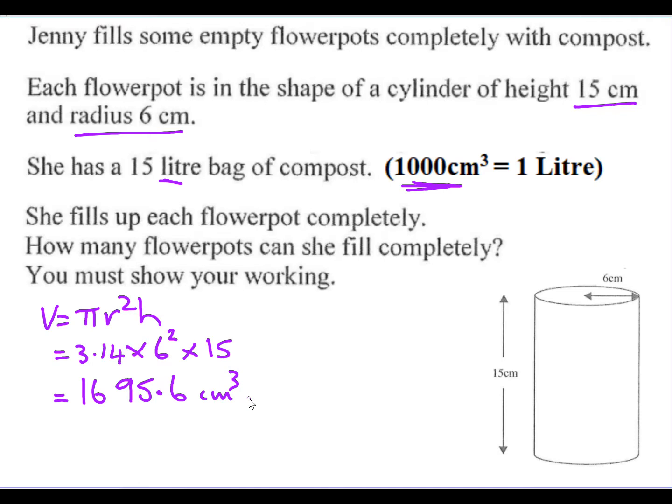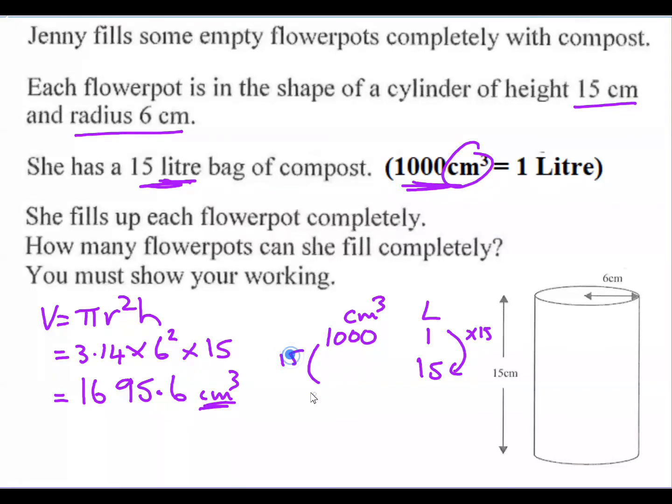Now, to work out the answer for our 15-litre bag of compost, let's convert our compost into centimeters cubed, like our answer here for our volume. So we know that we've got a strap line, centimeters cubed to litres. 1,000 of these is one of those. I haven't got one of those, I've got 15 litres. So my scale is 15. Multiply this by 15, we end up with 15,000 centimeters cubed of compost.